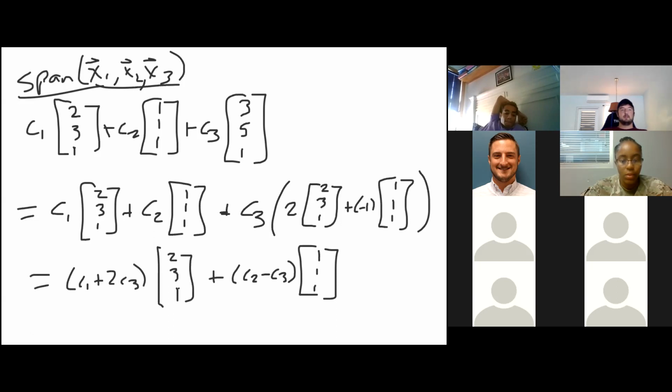So really anything that you try to create as a linear combination of those three vectors is really just a linear combination of the two vectors that we found to be the basis, 2, 3, 1 and 1, 1, 1. That's why we can make that statement.